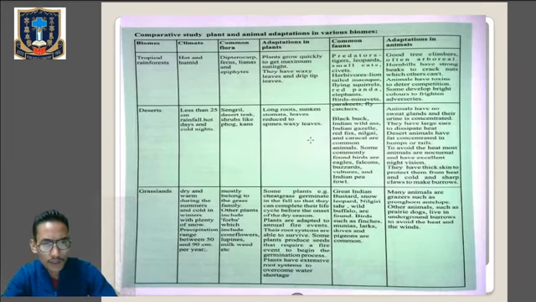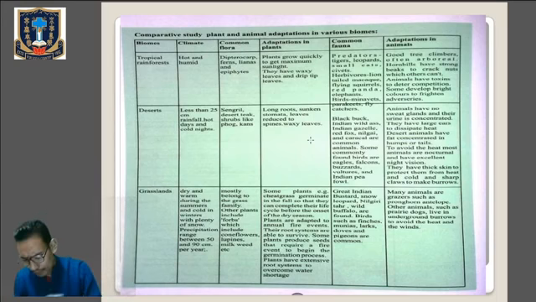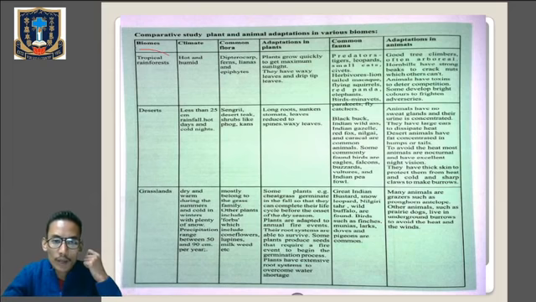We'll just see now a few tables where we study the comparative study of plant and animal adaptations found in various biomes. So kindly go through page number 34 and 35, where we will see the biome tropical rainforest. Then you will find the climatic condition of this one, hot and humid.